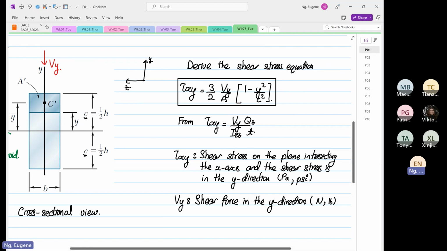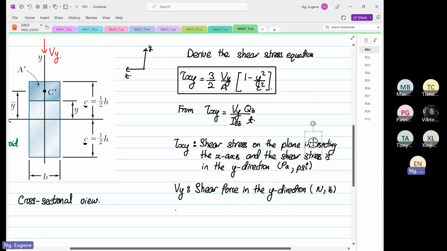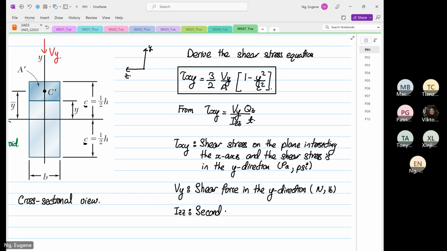And then we have our Izz, which is the second moment of area about the z-axis.